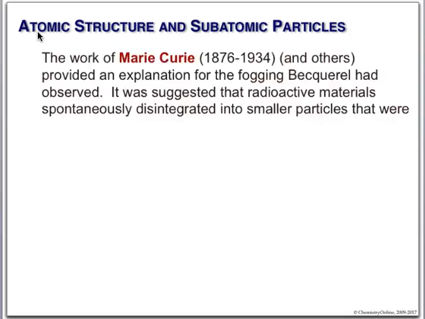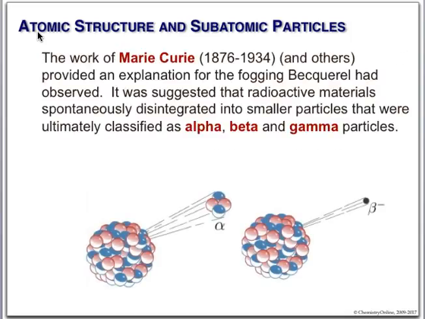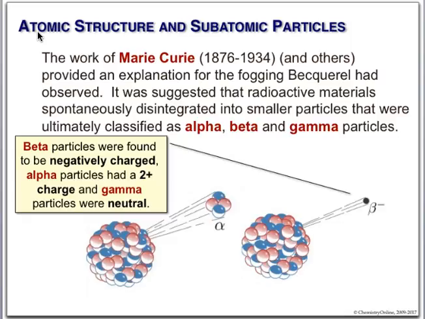Well, Marie Curie, who died doing all this work, was one of the people that helped explain exactly what was happening. Turns out that radioactive substances emitted particles from their nucleus, and that these particles were what was coming out and fogging these plates.